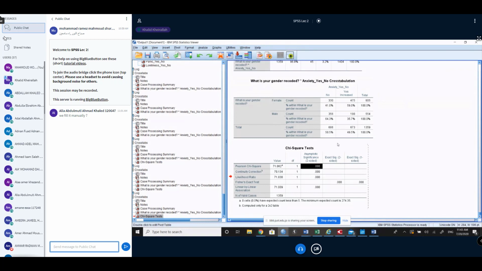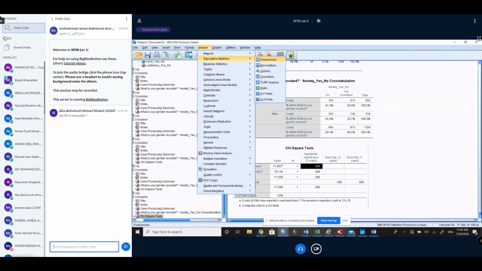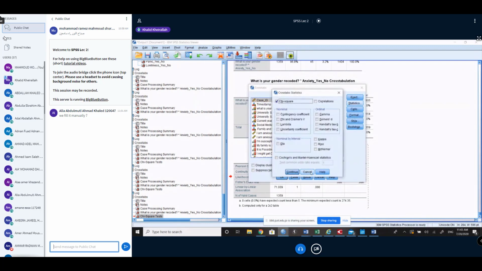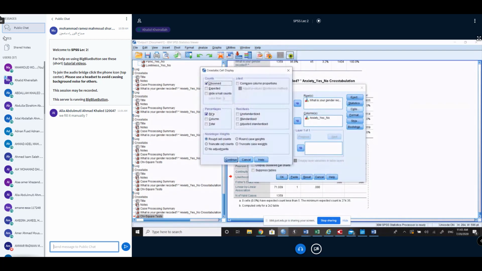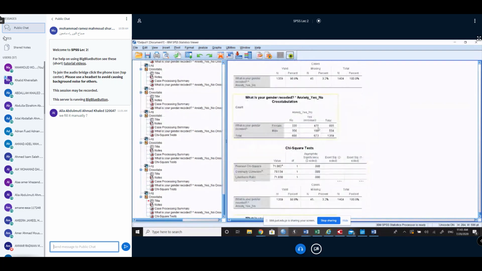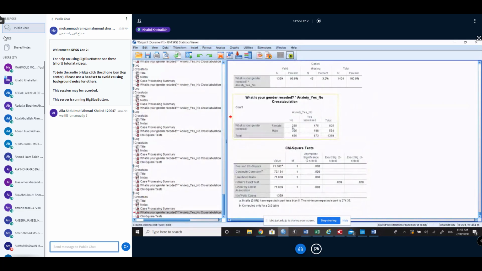Again, this table, to understand when to conduct this table, it includes numbers. It does not have means. So this is the main table that we use to calculate the chi-square.